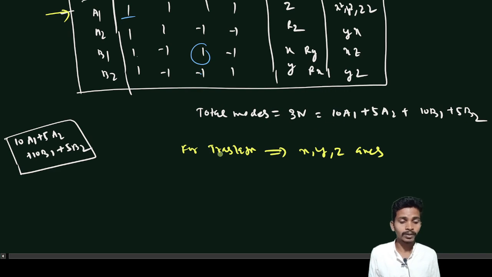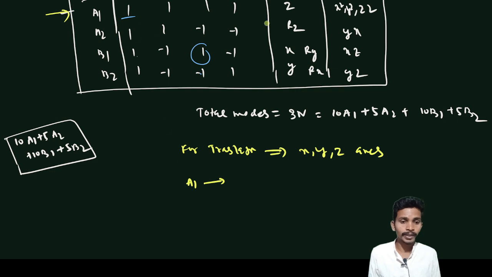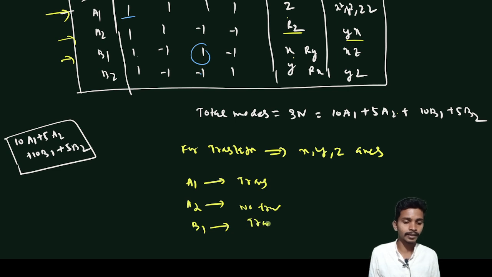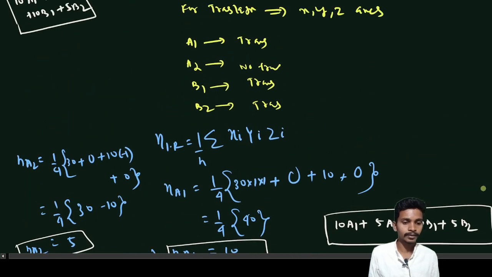So first we will check with A1. In the A1 case, the Z axis is there, so this is translational. We will look at B1 also, and A2. We will check for A2. No XYZ axis is there, so not translational. And B1, again the X axis is there, so this is translational. And B2, yes, Y is there. Again, this is translational. So translationals are, I will erase it.